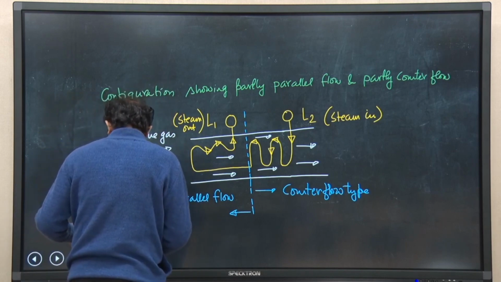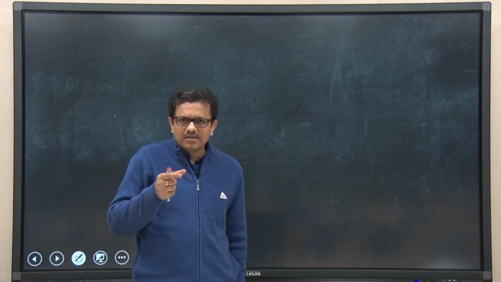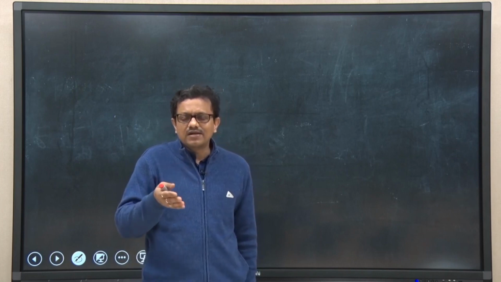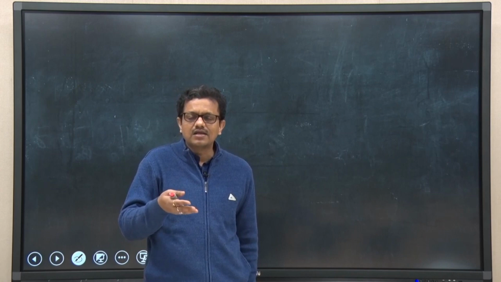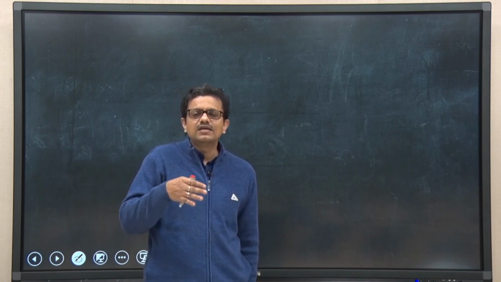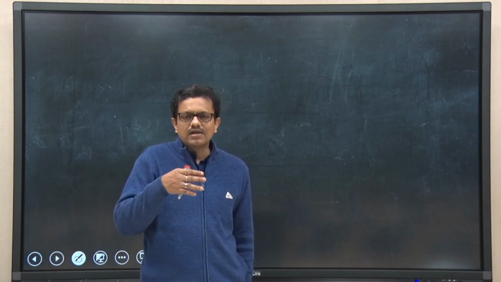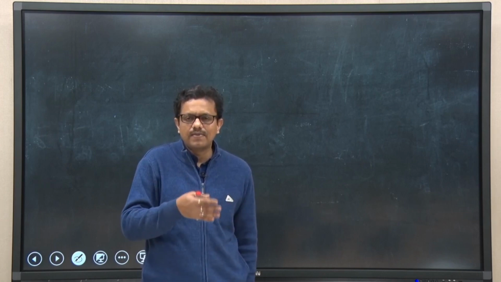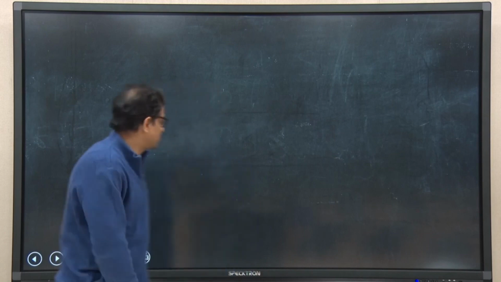Okay. Next we will look at, so basically we have discussed the classification which is based on the modes of heat transfer, that is the fundamental classification. Then we have discussed the classification based on the flow direction, and we have discussed 3 different cases: parallel flow, counter flow and a combination of these two.